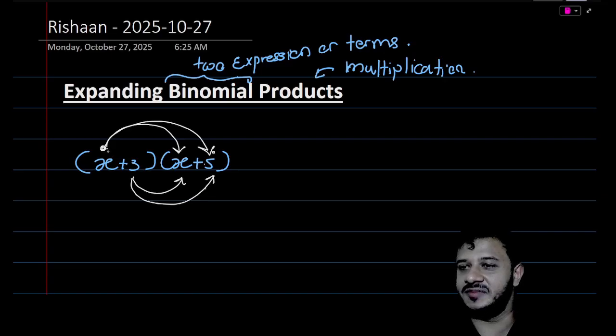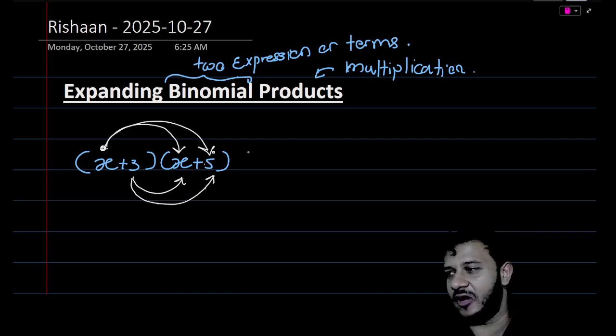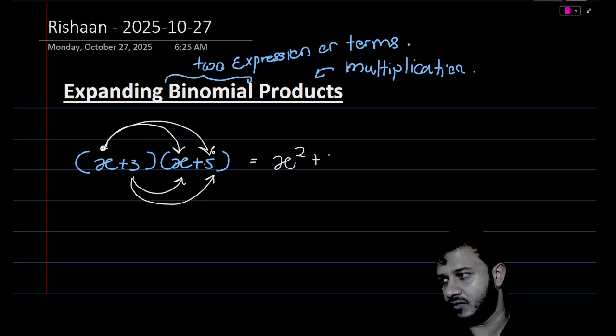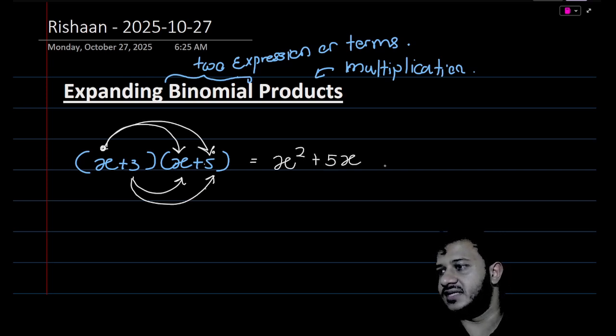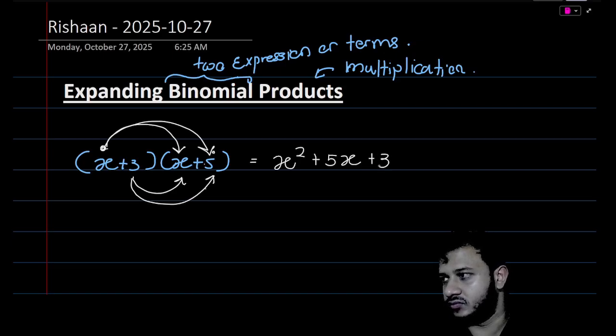So first term times first term. That means x times x. How much is that? X squared. Then first term times second term: 5x. Second term times first term: 3x.